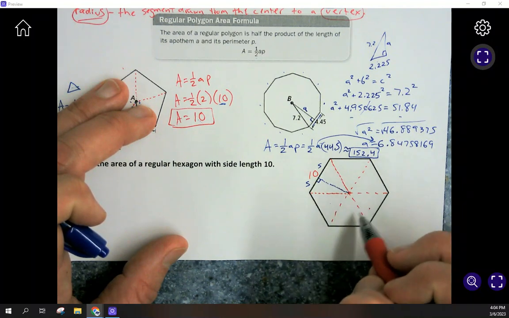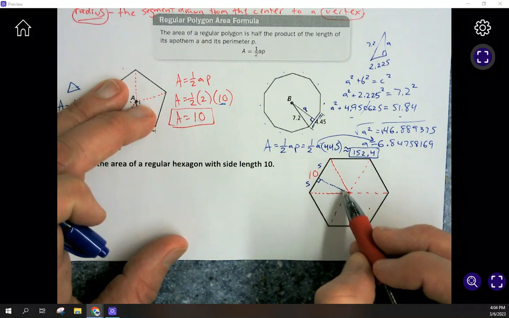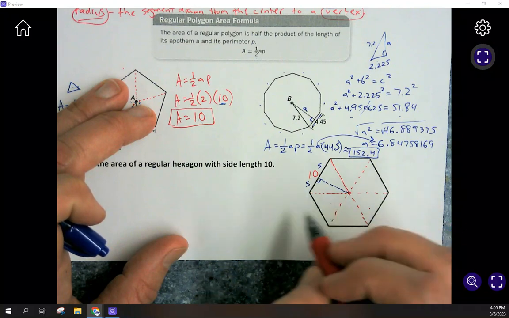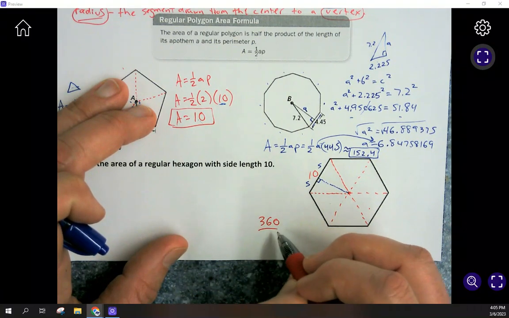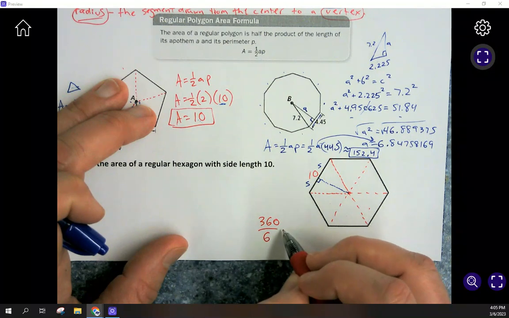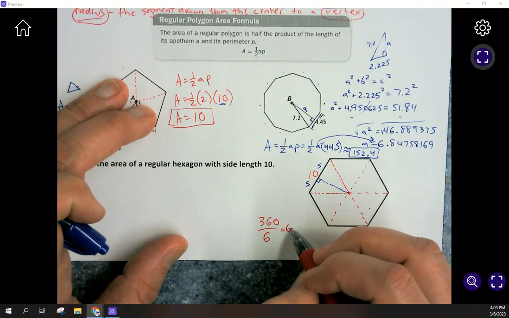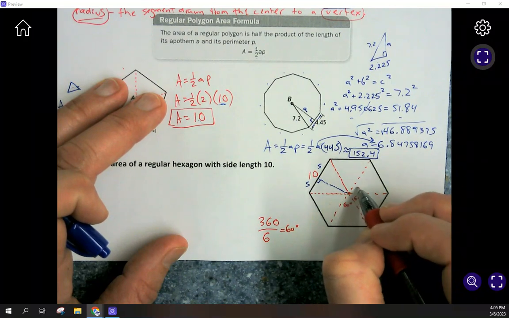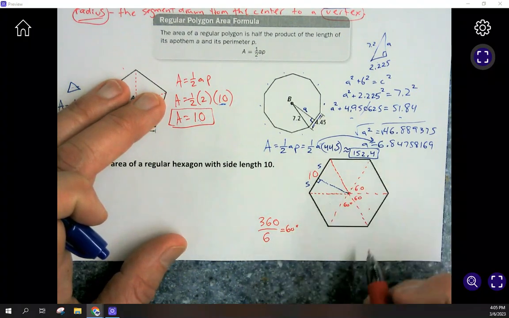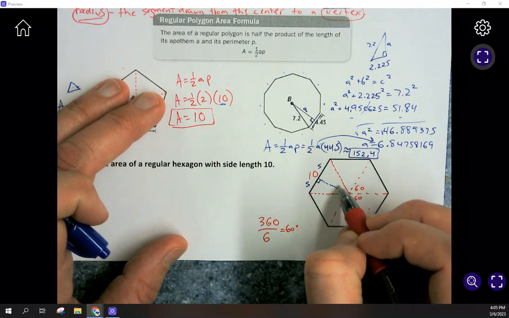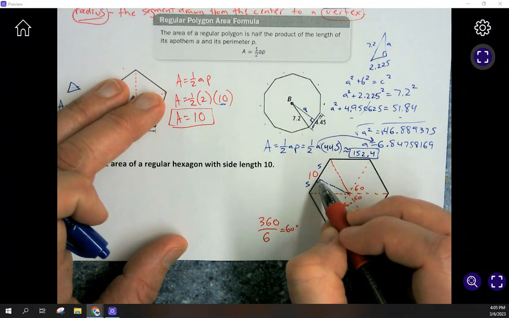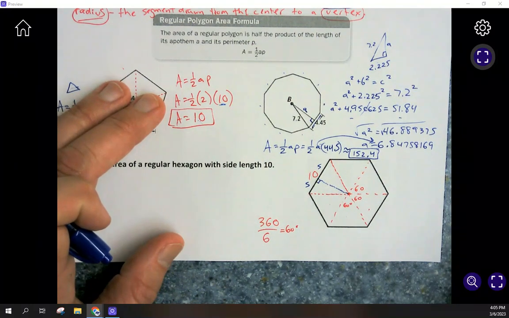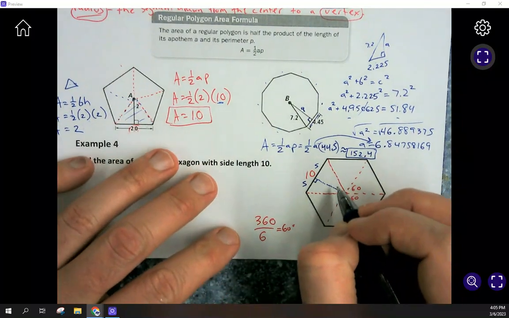And so if I cut that into 6 slices, forget the apothem right now. If I just cut this into 6 slices, 360 divided by 6, I know that each one of these angles is 60 degrees. 60, 60, 60, all the way around. And so this whole top of the triangle is 60. And when you draw the apothem, it does in fact bisect that and cut it in half.